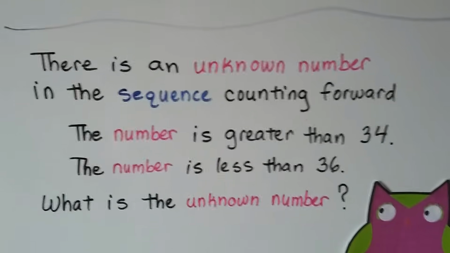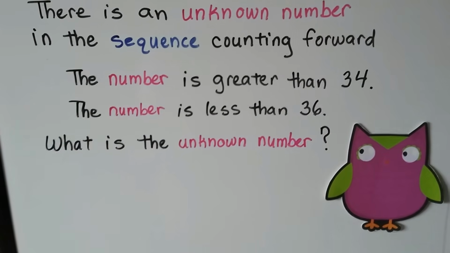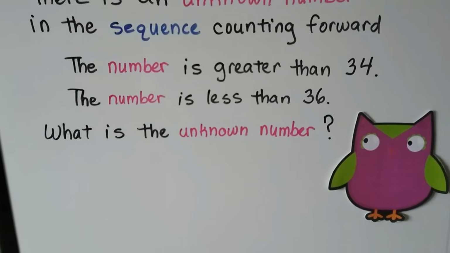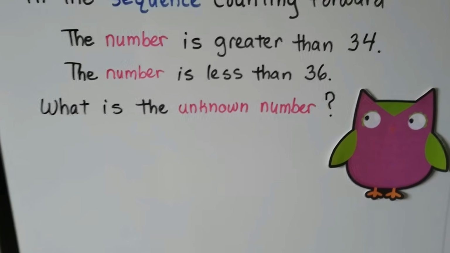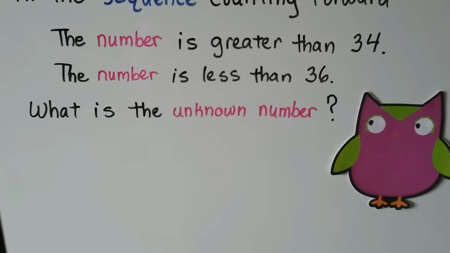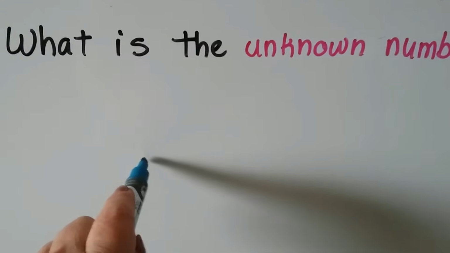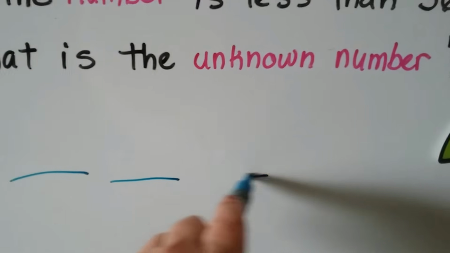We have another problem. It says, there is an unknown number in the sequence counting forward. The number is greater than 34 and it's less than 36. What is the unknown number? So what we can do to help us is draw the lines for the numbers.